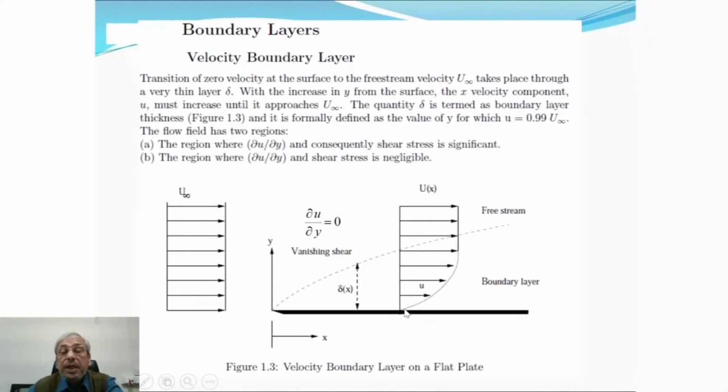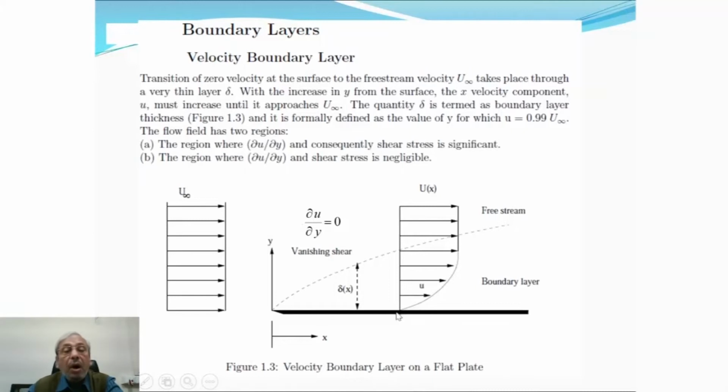Velocity is transiting from 0 to u infinity, or if u infinity varies from location to location, we can say u of x. For a flat plate it will not vary, but for curved geometry it may vary. The free stream flow, we'll again discuss elaborately. For the time being, let us assume this as u infinity.